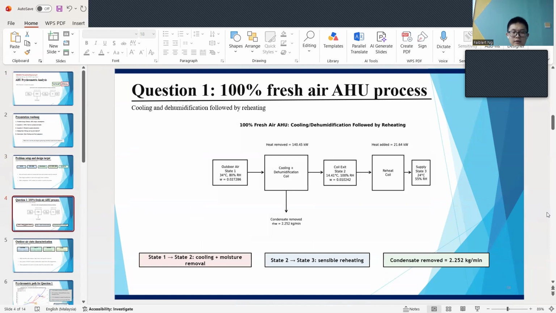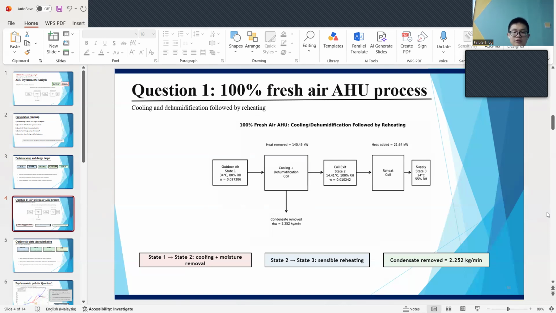For Question 1, the AHU uses 100% fresh outdoor air. The outdoor air first enters the cooling and dehumidification coil. In this coil, the air temperature is reduced and moisture is removed through condensation. This means the cooling coil removes both heat and water vapor from the air. After the cooling coil, the air reaches stage 2, which is the coil exit condition.